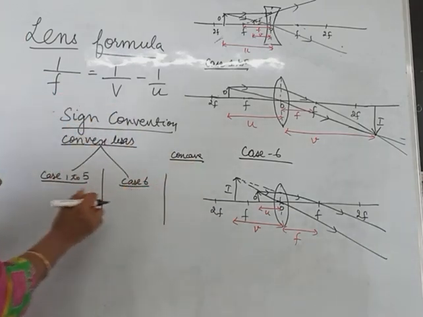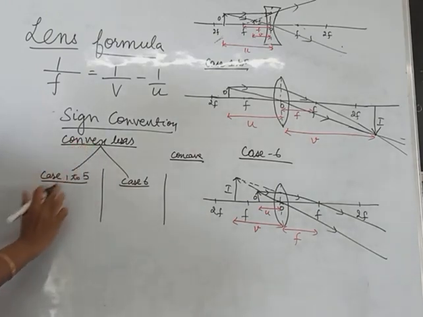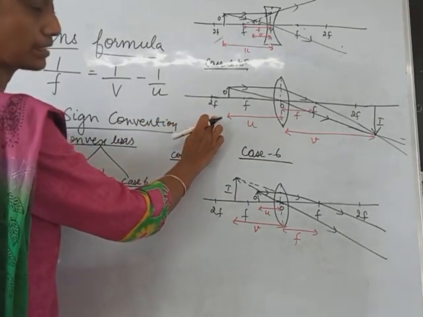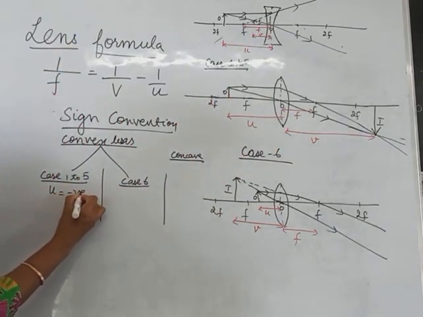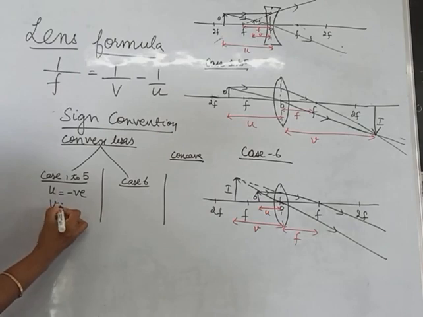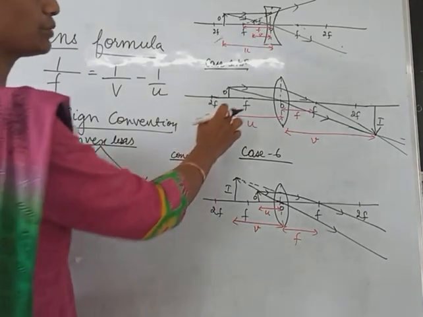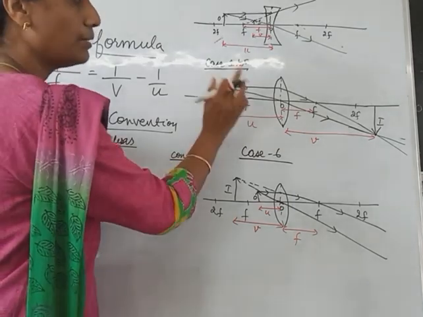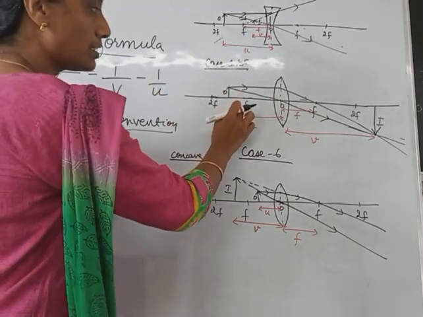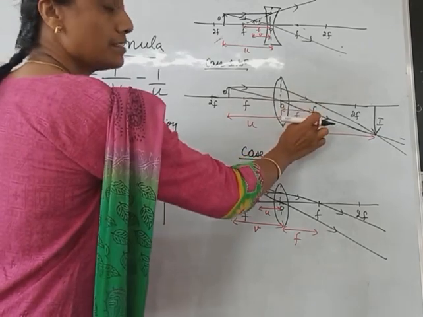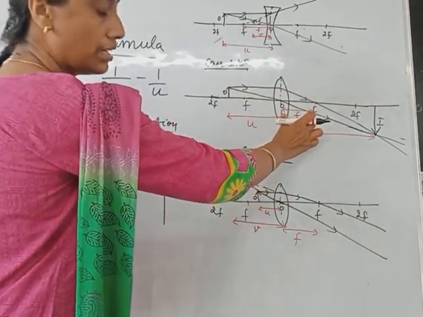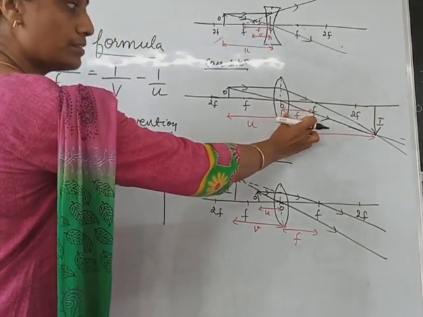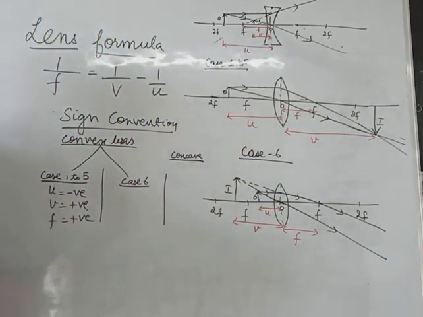In convex case 1 to 5, u is to the left, so u is negative, v is to the right, so v is positive, f is also positive. You can have a question: ma'am, there is an f here also? But if you remember, we are not considering this focus, we are only considering the second focus, the one the ray passes through in all our ray diagrams, so this is the focal length, so f will also be positive.